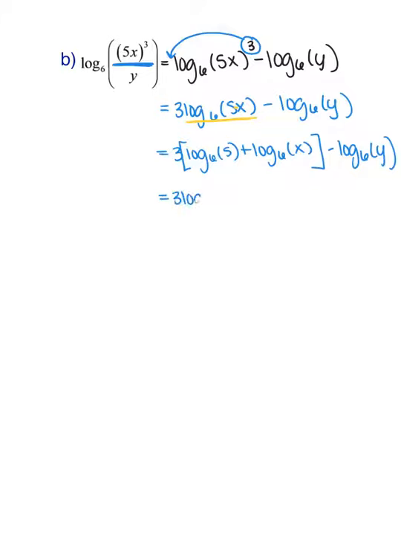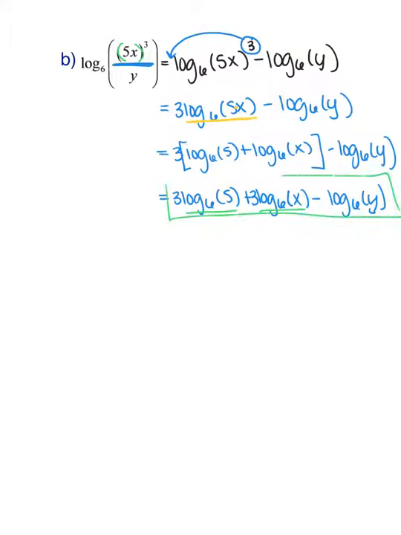So I'll have 3 times log base 6 of 5 plus 3 times log base 6 of x minus log base 6 of y. And notice it's really important that both these logarithms have that 3, since it's both the 5 and the x being cubed in my original. So that is some practice both expanding and condensing logarithms.